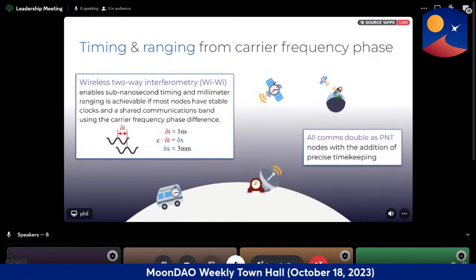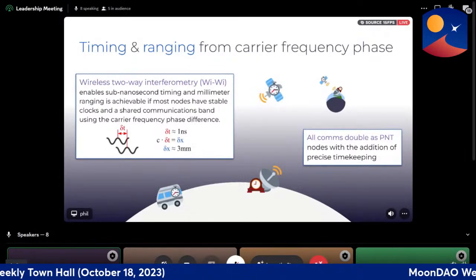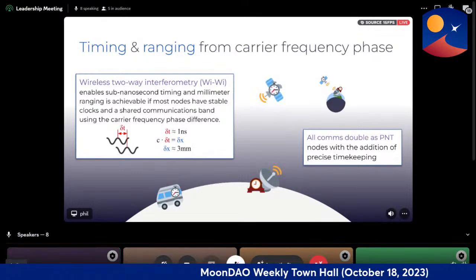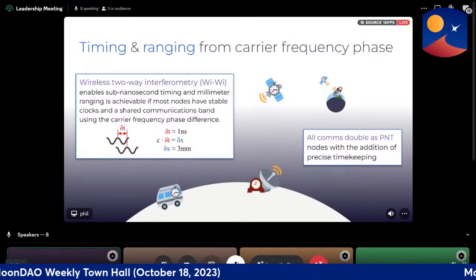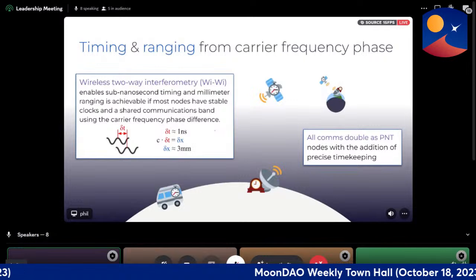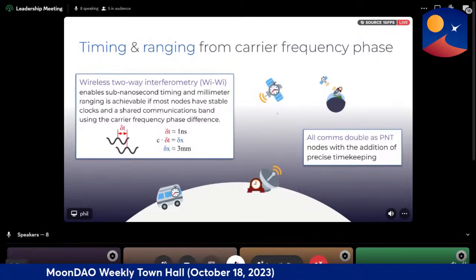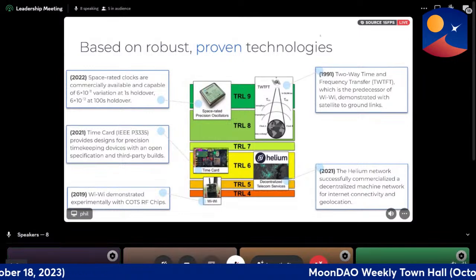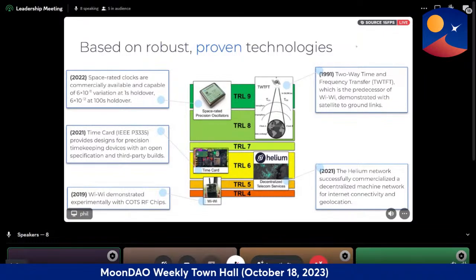And if we can measure the distance between them and also synchronize their clocks together with the existing equipment, basically all you need to add is the capability of timing, like having a precision clock, and then you can get all of this instead of having a fancy receiver or a whole separate signal path. So it's not that nobody's doing it, and that doesn't mean it's a novel technology.